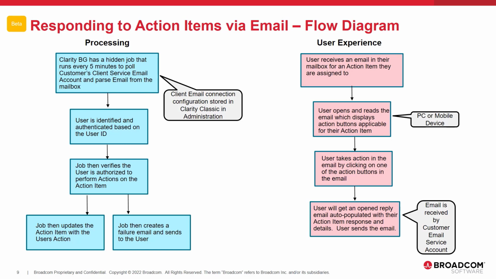So once an assignee clicks on an action, another email will open and be auto-populated with their action item response and details. All the user has to do at this point is send the email. And the email will be sent to the customer's email service account that was configured so that it can later be processed.